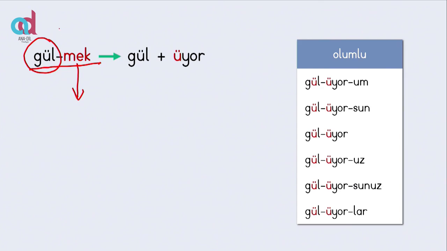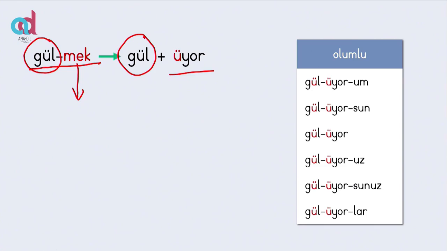We take the root, and then we add our şimdiki zaman suffix, the present continuous tense suffix. You may think of this as an ing suffix, okay? So, gülüyor. Who is smiling? She is smiling, or he is smiling. But you already know that we do not have he or she gender differences.